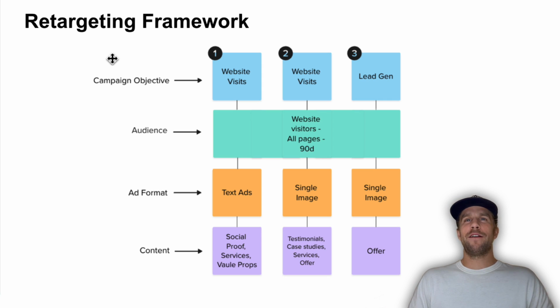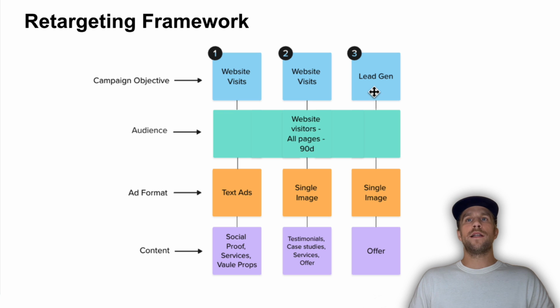Here's the retargeting framework that we're going to use. We're going to end up creating 3 campaigns. 2 that use the website visits objective, and then 1 that uses the LinkedIn lead gen objective. And we're going to be targeting our website visitors retargeting audience. The first campaign is going to have the text ad format. The second campaign is going to use a single image ad.